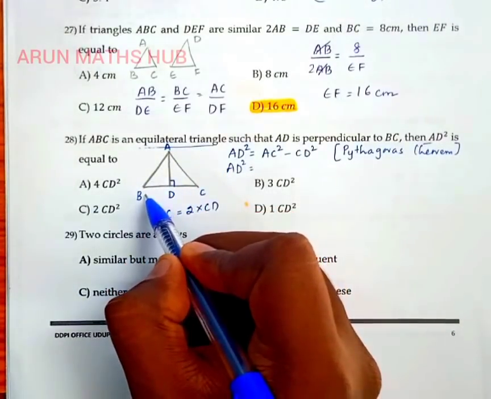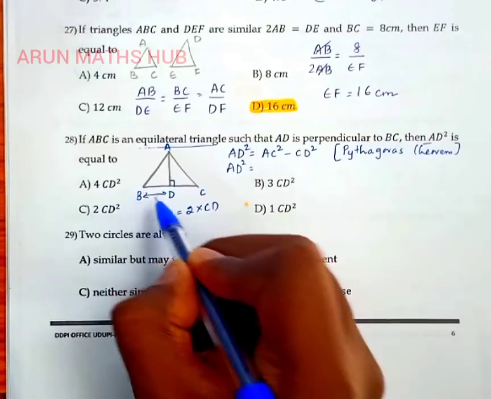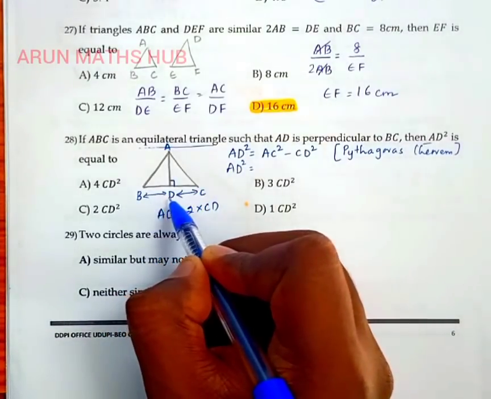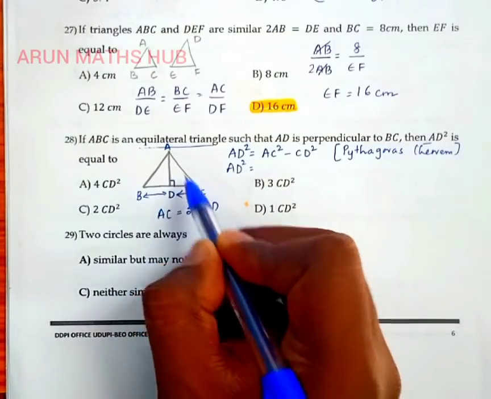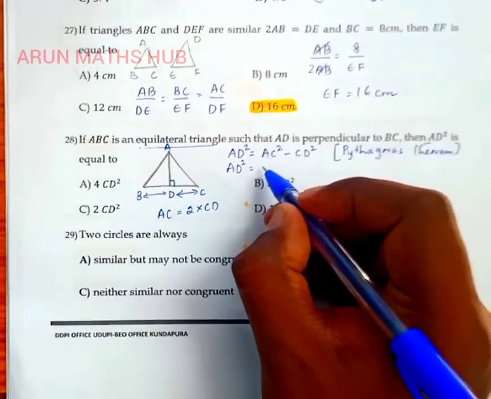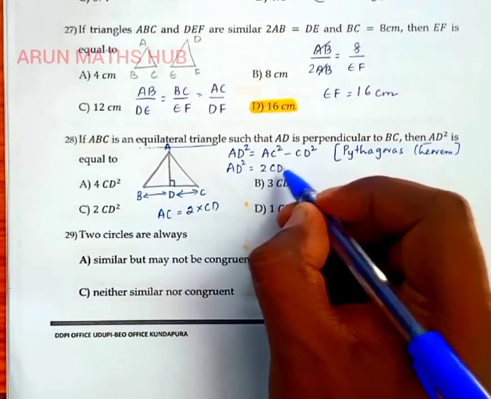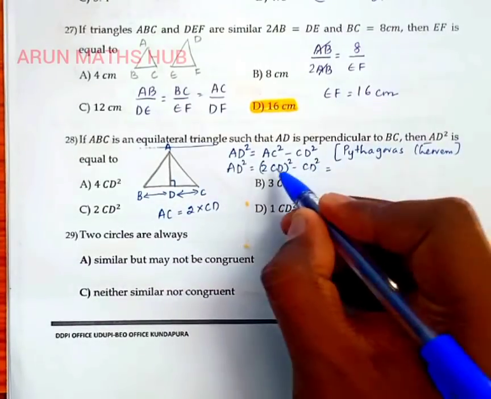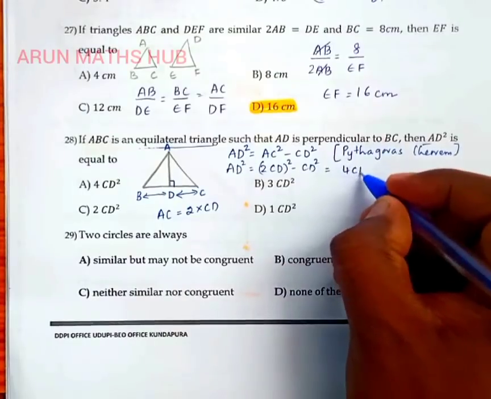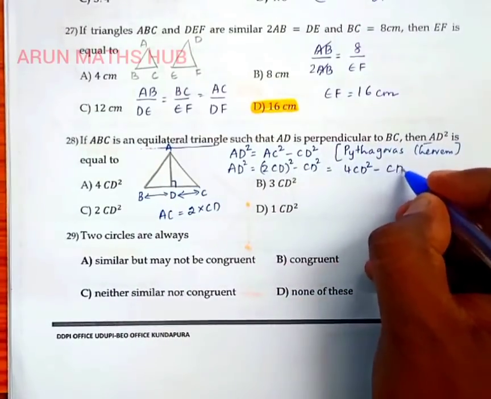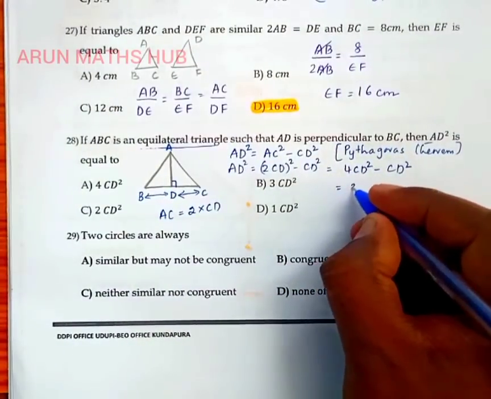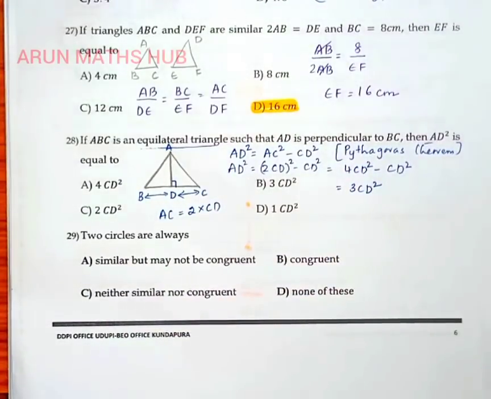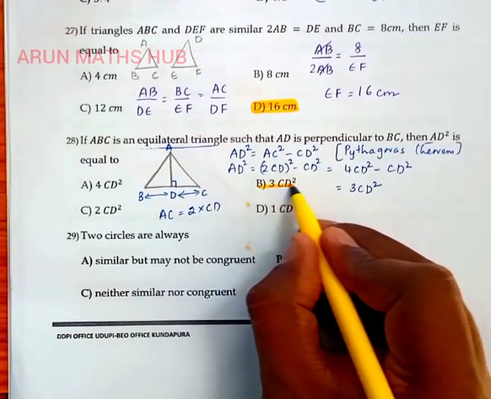BC will be equal to 2 times CD and BC is equal to AC. Therefore AC equals 2 times CD. Now substitute: 2 times CD whole square minus CD square. 2 CD whole square will give you 4 CD square minus CD square. Therefore AD square equals 3 CD square. Therefore the correct answer is option B, 3 CD square.